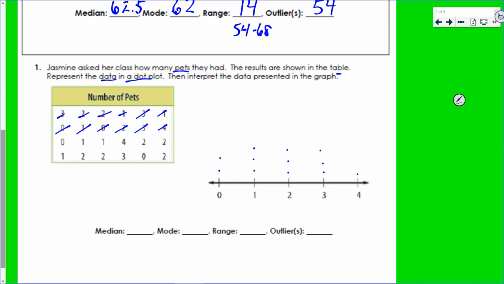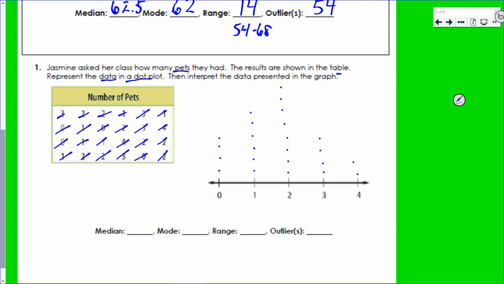He gets his first one. Another on the 0. 1. 1. 4. 2. 2. 1. 2. 2. 3. A 0. And another 2.